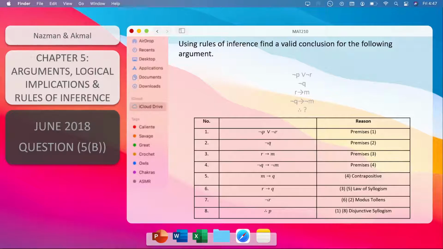For number 7, not R, we use modus tollens on argument 6 and argument 2. And for the conclusion, we use disjunctive syllogism on argument 1 and argument 8. So the conclusion is P.